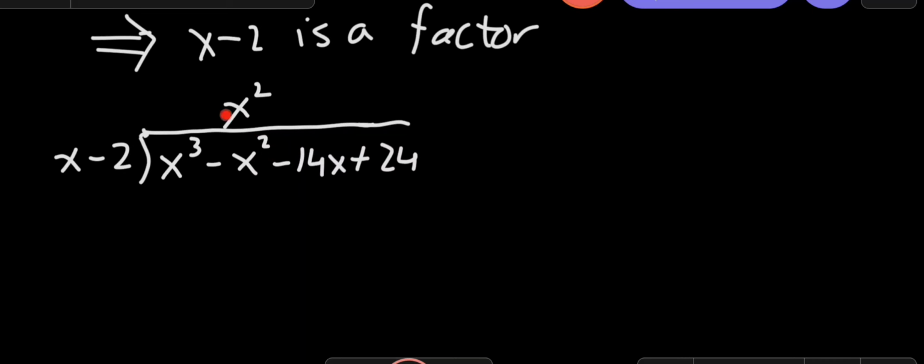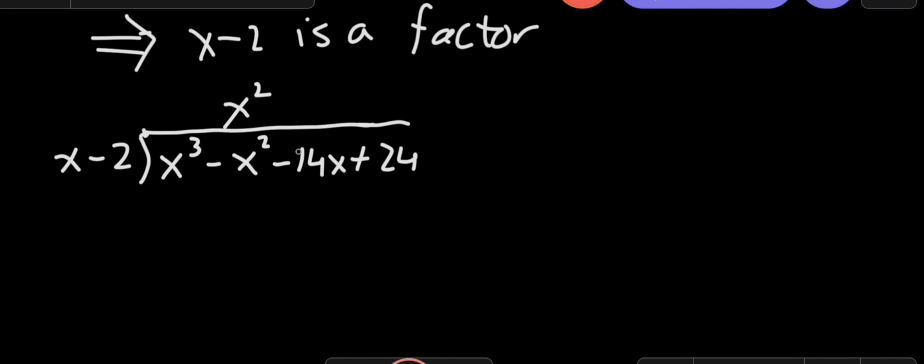Now we multiply that first term of the quotient by each term of the divisor and write it underneath its respective x term, and so on.